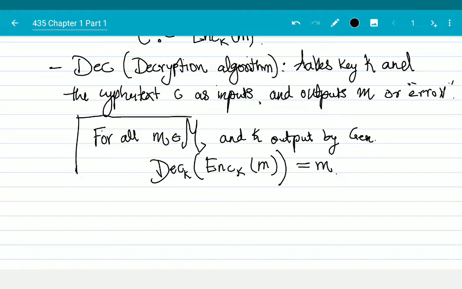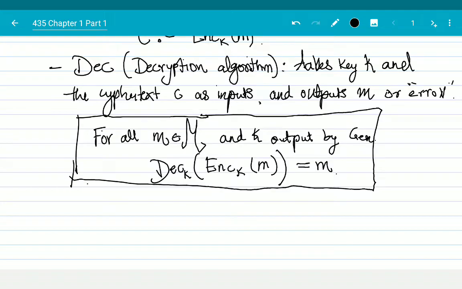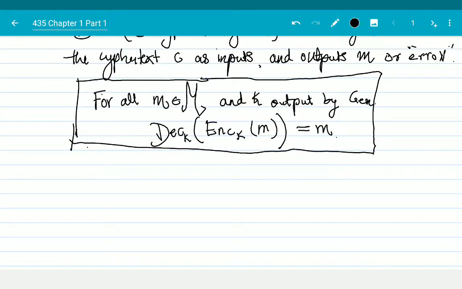What is the entire point of encrypting a message and decrypting the message if the output is wrong? If I don't get back the same message. So this is the most important part. I want to encrypt my message, I want to decrypt the message, but I should be able to get it back.